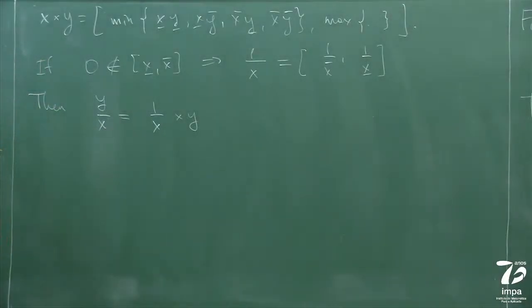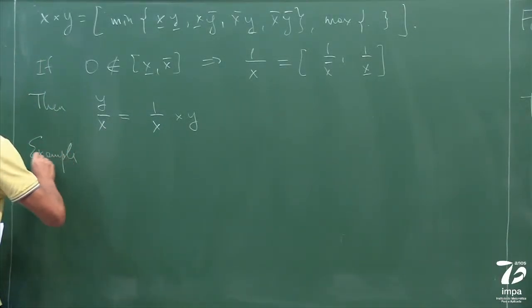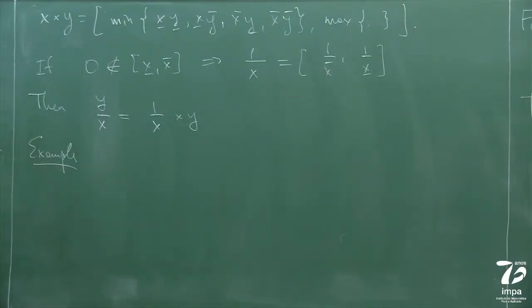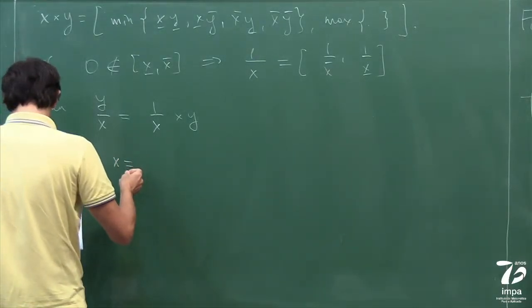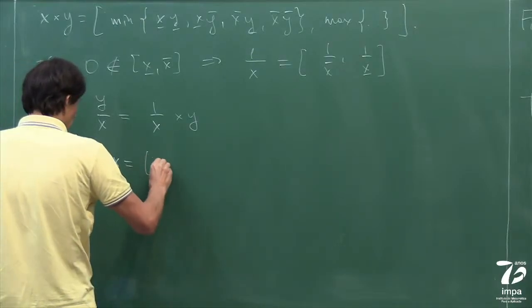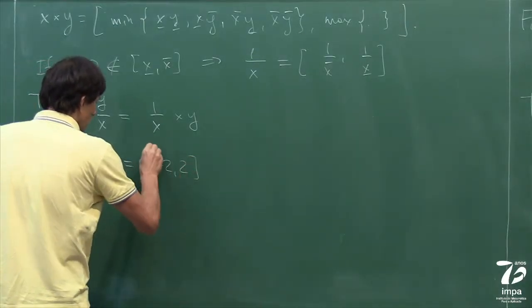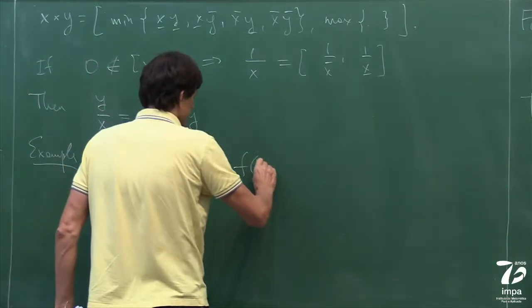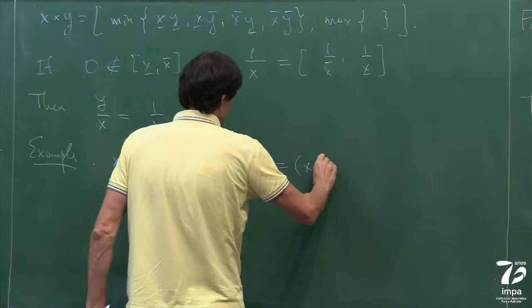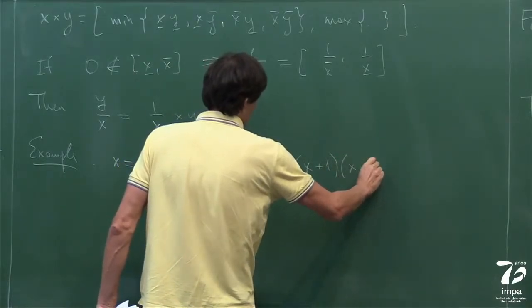Example: let's take x, which will be between minus 2 and 2. We computed x, we know it is between minus 2 and 2, and let's compute the function x squared plus x minus 1.